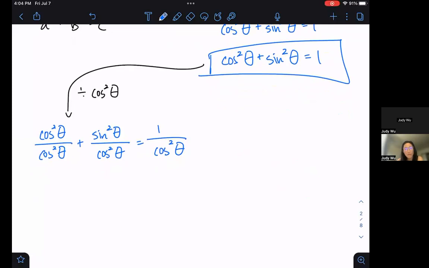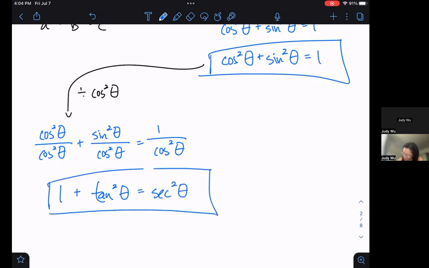Cosine squared divided by cosine squared gives me 1. Sine over cosine is tangent, so sine squared over cosine squared is tangent squared. And 1 over cosine is secant, so 1 over cosine squared is secant squared. And this, my friends, is the second of the Pythagorean identities.